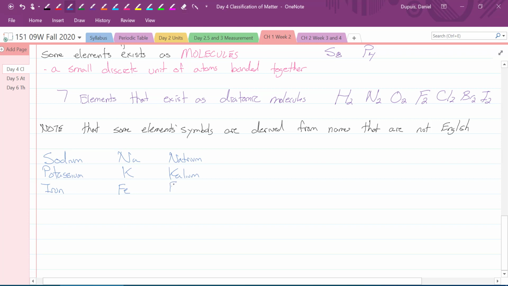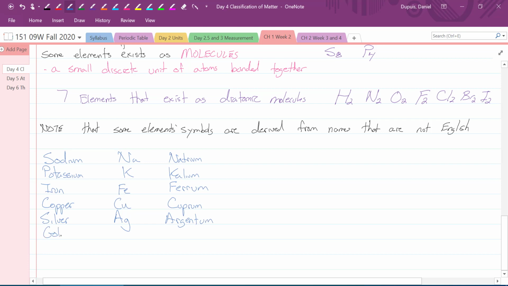All right, iron is Fe, and that's ferrum. No, there's no I. We got copper, which is Cu. That one kind of makes sense, but it's Cu for copper, because it's cuprum. You get silver. Ag is silver, and that's argentum.